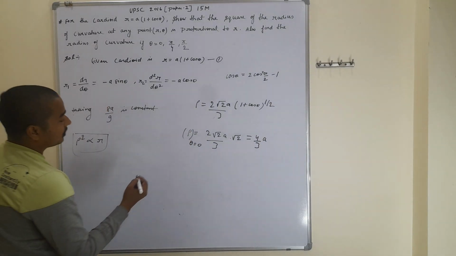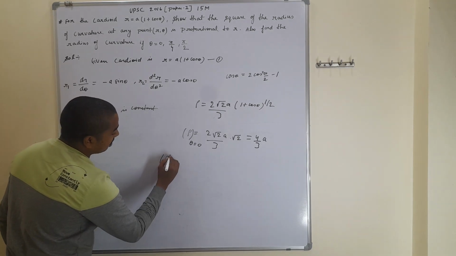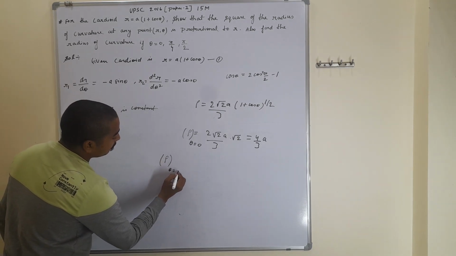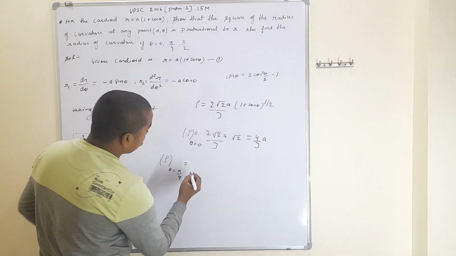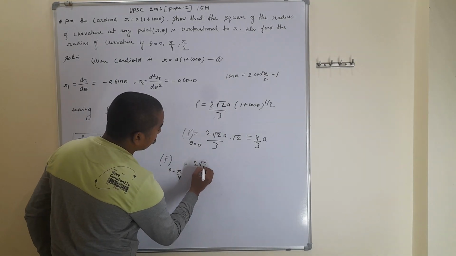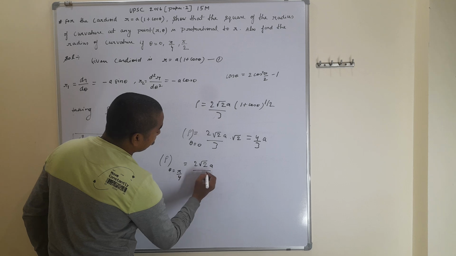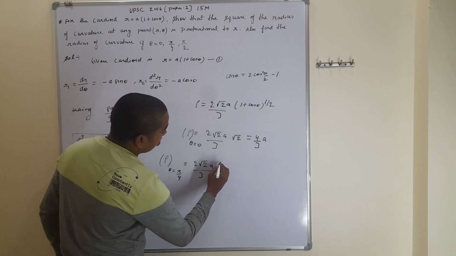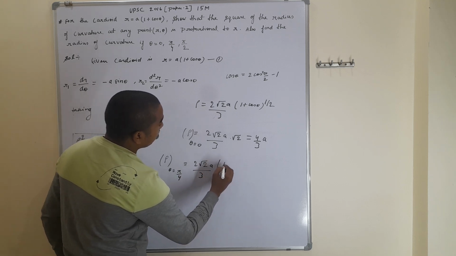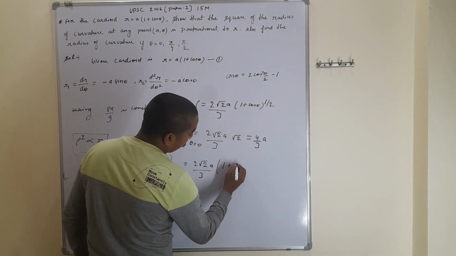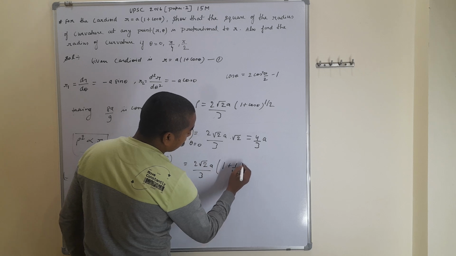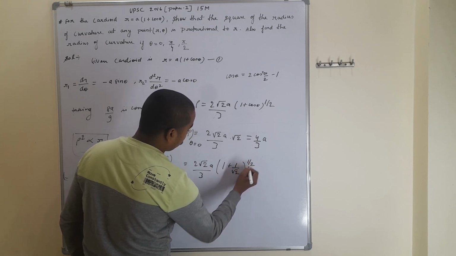And second is radius of curvature at theta is equal to pi by 4. On putting, that is 2 root 2 into a upon 3 and 1 plus cos pi by 4, cos 45 is 1 by root 2, so 1 plus 1 upon root 2 whole power 1 by 2.